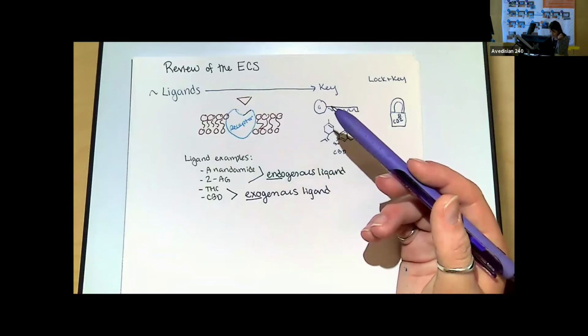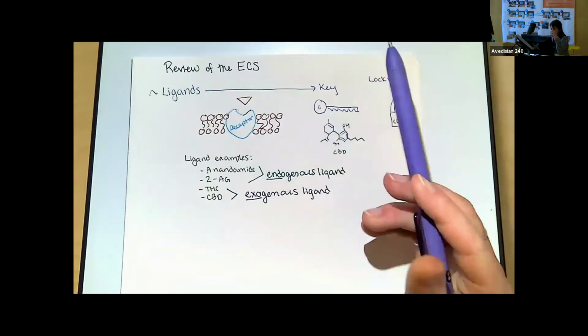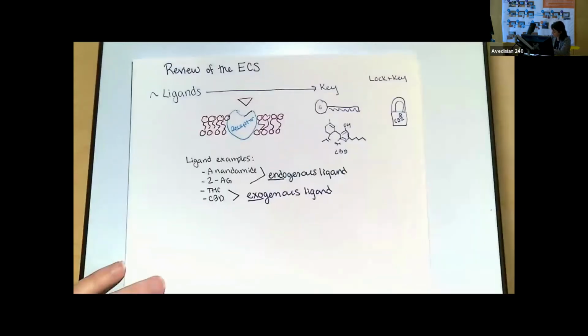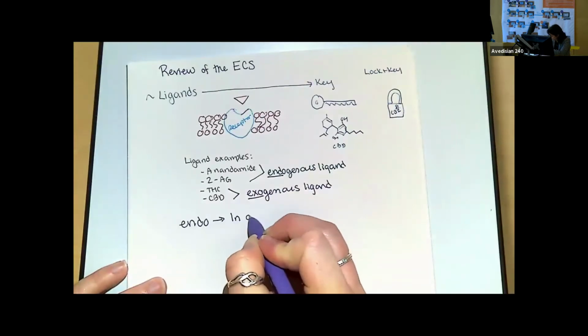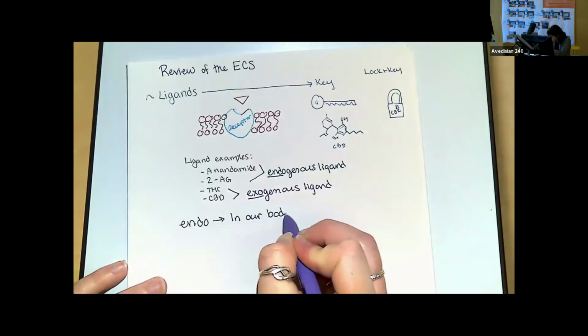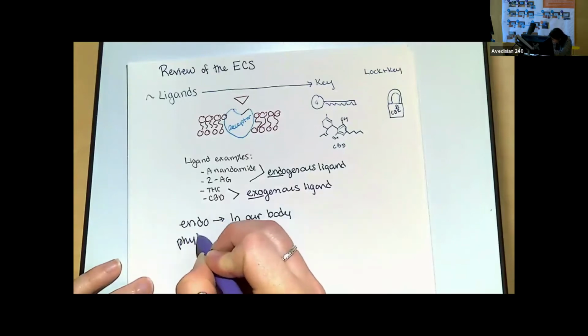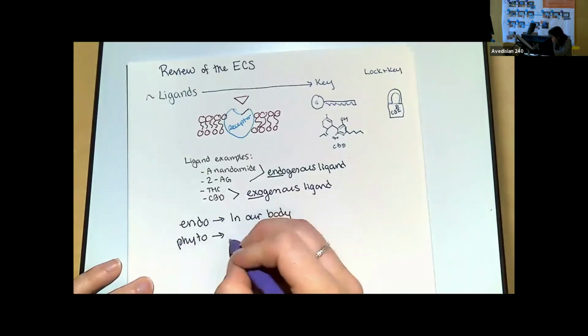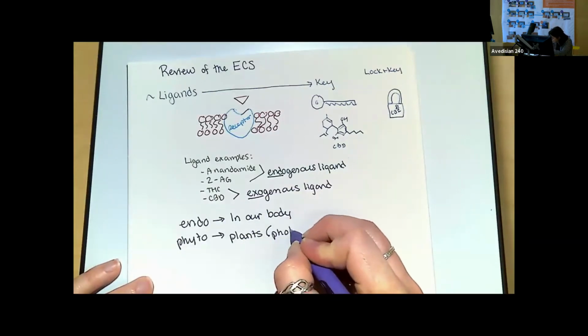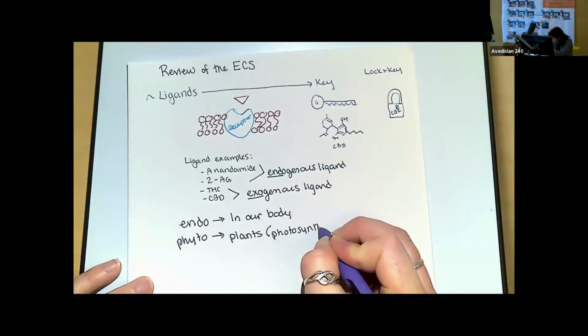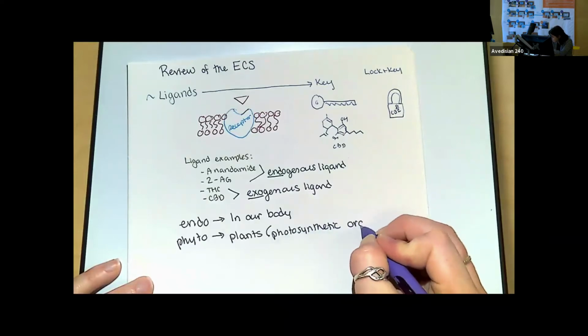So that's just a fun fact. But what's really important here is that when we say endo, we're talking about in our body. And when we say phyto, we're typically meaning plants, but it's really any photosynthetic organism.